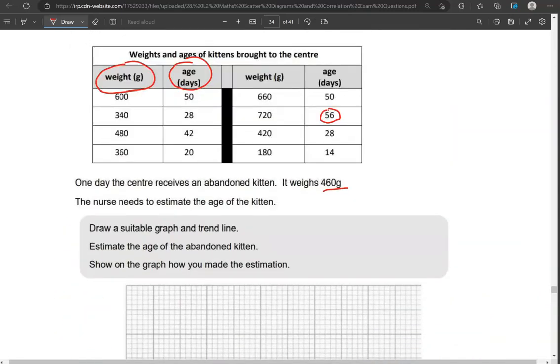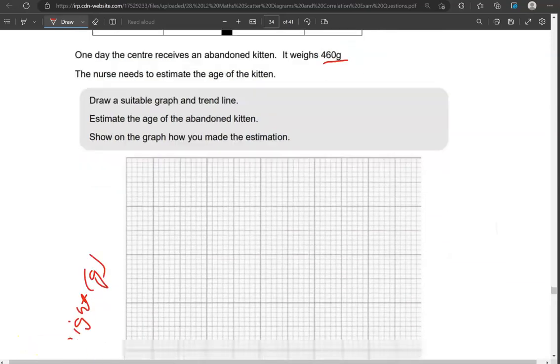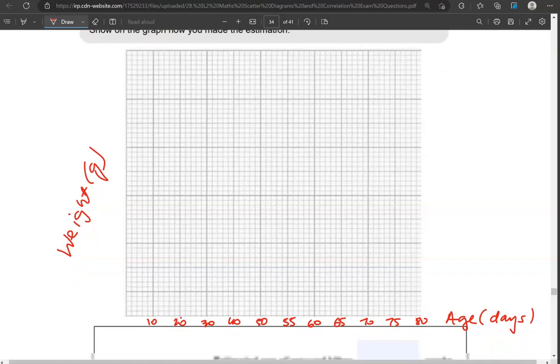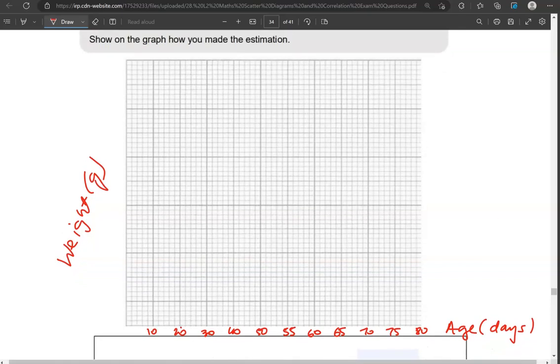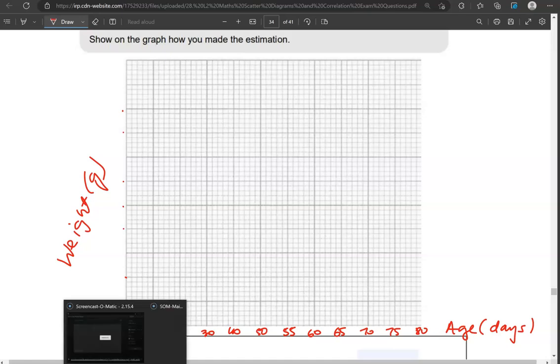The highest number for weight in grams is 720. So we'll go 100, 200, 300, 400, 500, 600, 700, 800, 900, 1000, 1100.